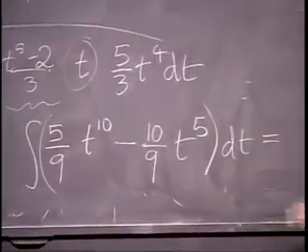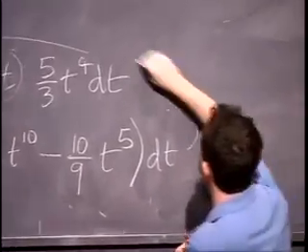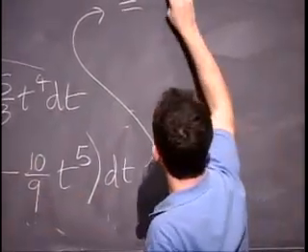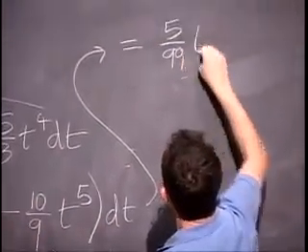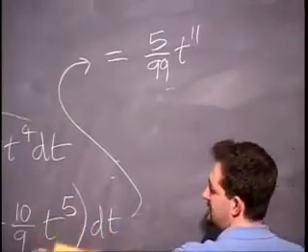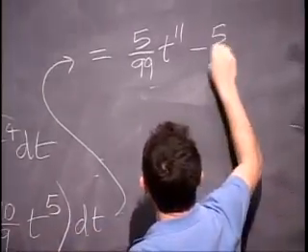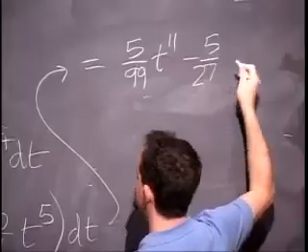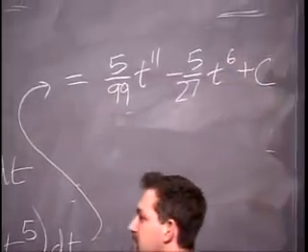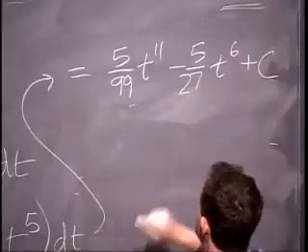And if you work this out, maybe I'll come up over here. I divide by 11, so I get 5/99 t to the 11. And now I divide by 6, so I get 10 over 6. I believe it's 5/27 t to the 6th. And then finally, instead of t, you have to put this 3x plus 2 to the 1/5 power.